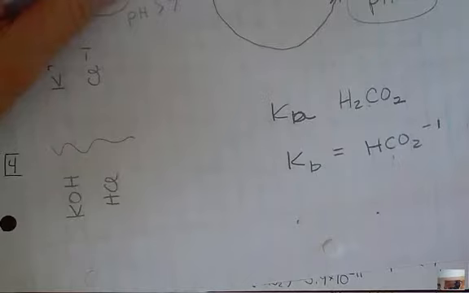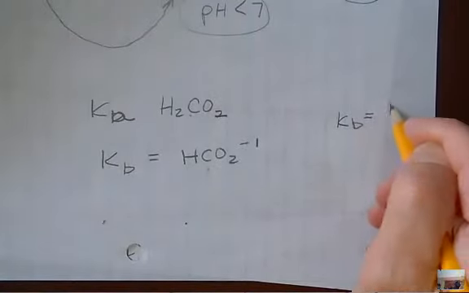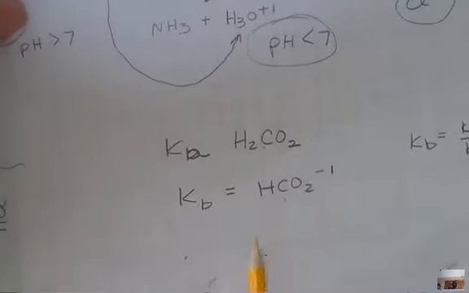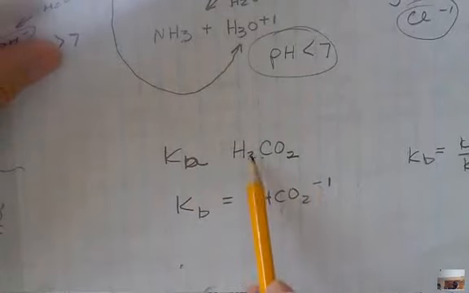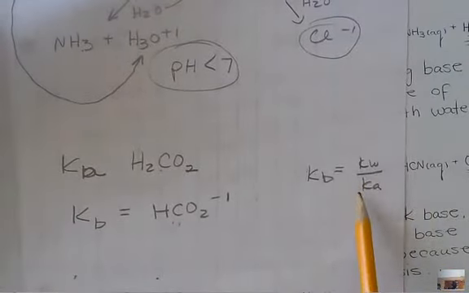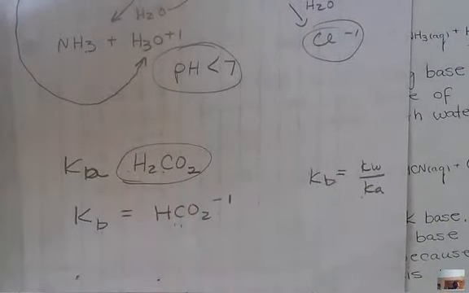Because the Kb would be Kw divided by Ka. So usually you're going to find the neutral ones. You're not going to find this on a table. You're going to find this one. You're going to have to calculate this one because it's Kw divided by Ka. So the neutral ones you'll find on a table.